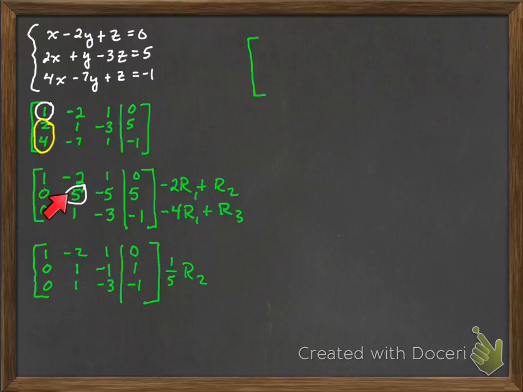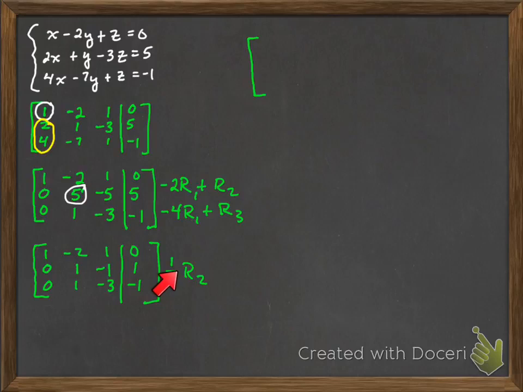And so we did that by multiplying and then adding. Our third step is to get a 1 in this middle position. And we did that by multiplying 1/5 times everything in this row. And yes, multiplying by 1/5 is the same as dividing everything by 5, but we write it as a multiplication problem here.